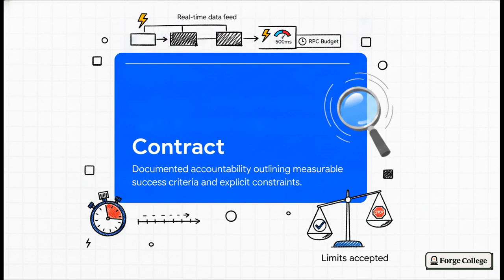It explicitly defines the technical, business, or user experience limits we are forcing ourselves to accept. It answers 2 big questions. How will we know this is successful, and what limits do we accept? So, if your blueprint calls for live, real-time data feed, your contract is the document that says, okay, sure, but it must load in under 500 milliseconds and stay under a strict RPC call budget.